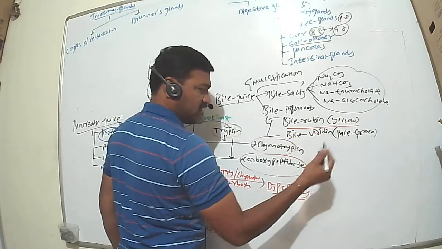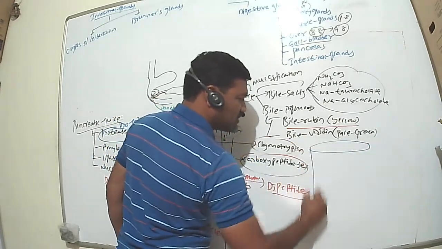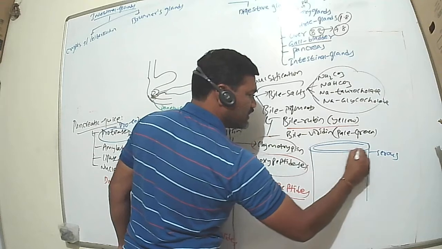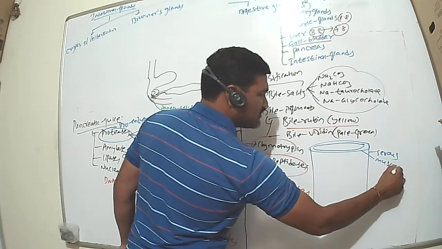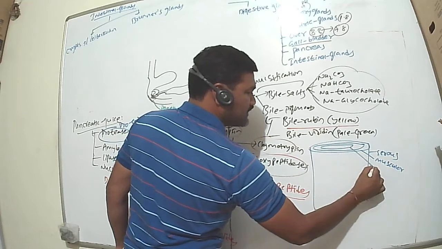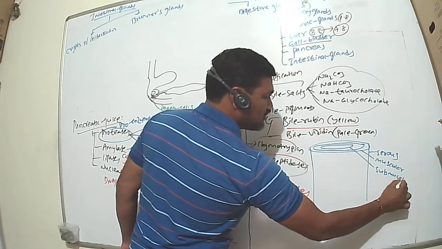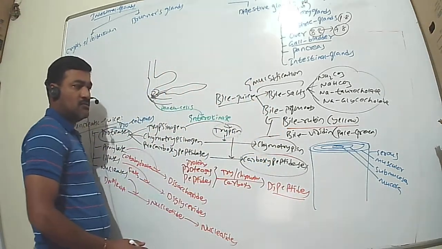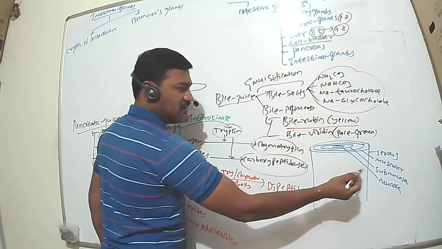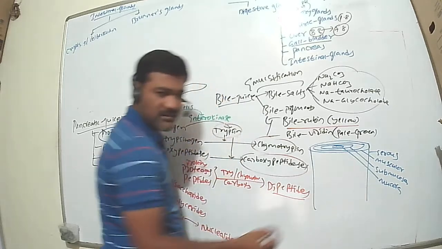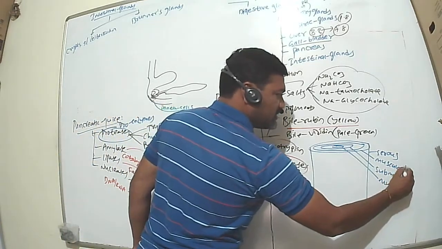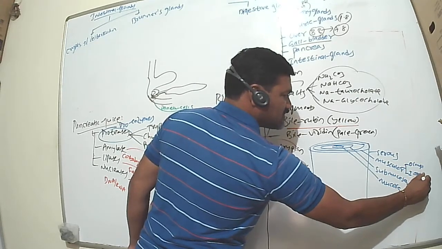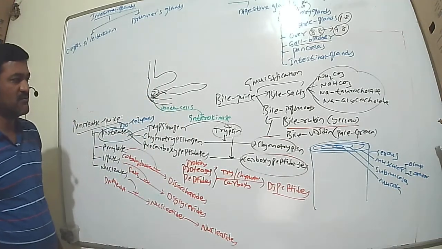When you look at the anatomy of the small intestine, it has an outer thin coat which is called the serous layer, and inside it you have the muscular layer, and then you have the submucosa, and inside you have the mucosa. In the muscular layer you have outer longitudinal muscles and inner circular muscles.